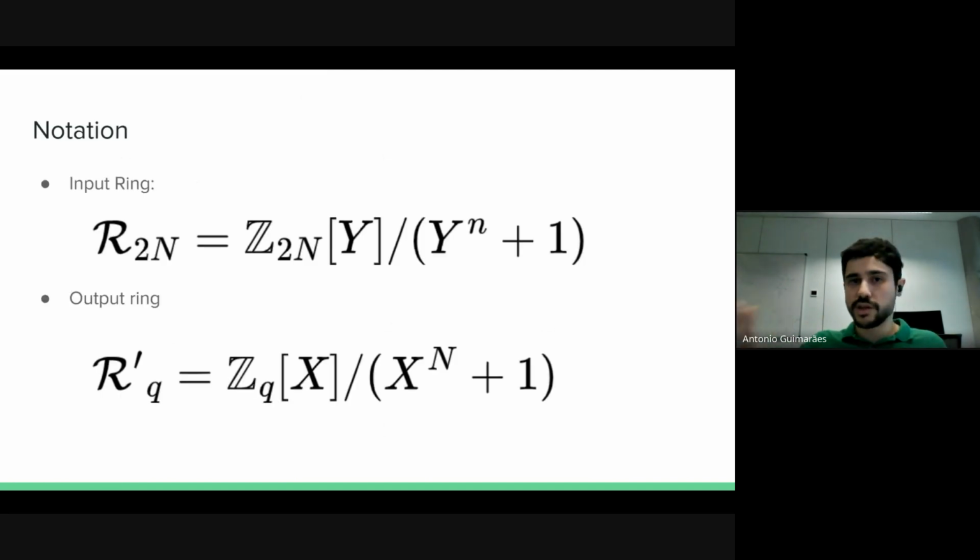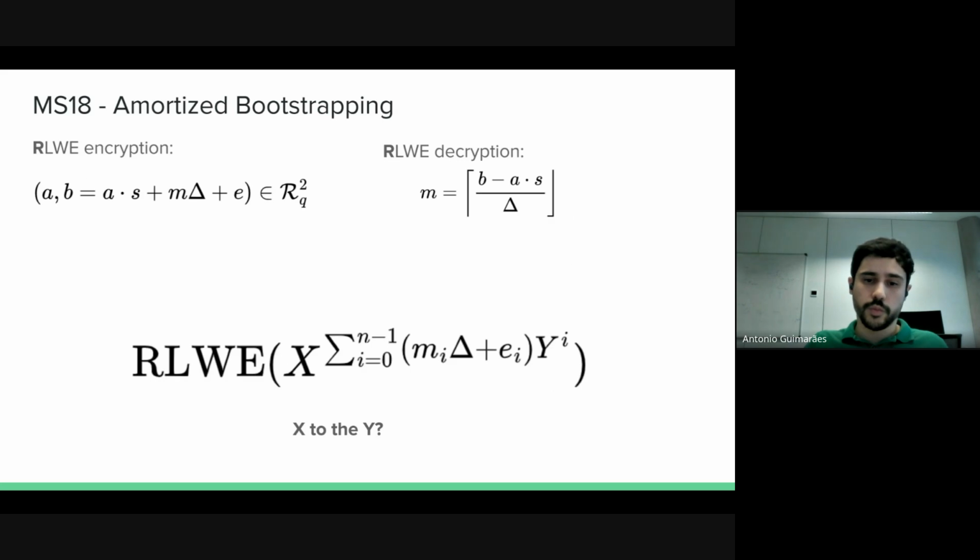To differentiate them, I will always represent the input ring, the one of the input RLWE sample, with the variable y, and the output ring with the variable x. In this notation, what we would like to compute is x with the decryption equation of RLWE in the exponent. Again, that doesn't make sense, since we still have one polynomial in the exponent of the other.